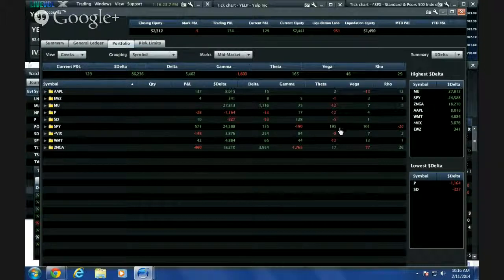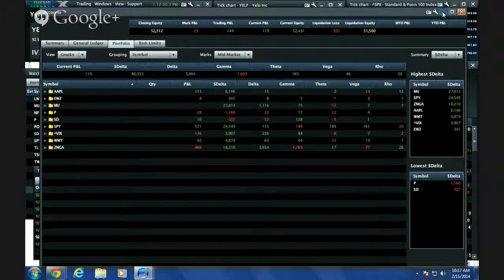One, if nothing happens to the market, let's say all my stocks stay exactly the same after every day, I should make around $164. If the market moves, you want to have enough options where you can actually benefit from it. So net, you want to be long options, but you want to get theta positive, which is not always the easiest thing to do, but it's something that I'm trying to work on, and I think it's a pretty good way to trade on a Reg T account.